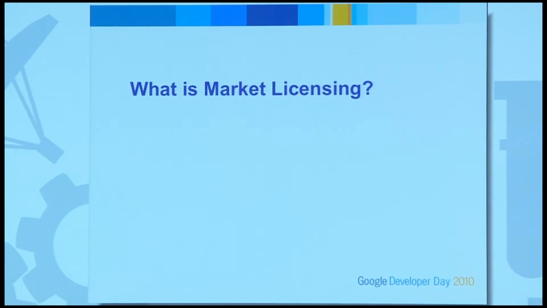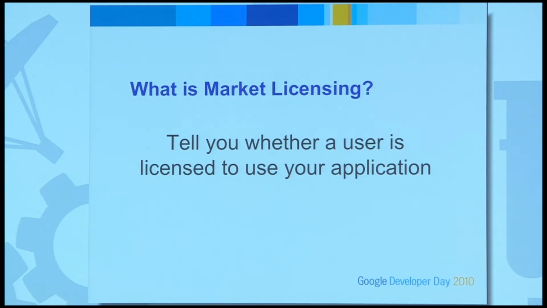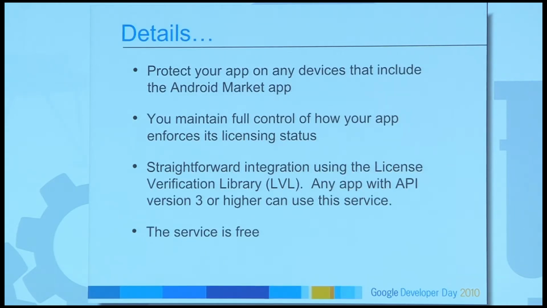So the first question is, what is market licensing? In one sentence, market licensing is a service offered by Google to tell you whether a user is licensed to use your application. Some more details. The service will help you protect your application on any device that includes the Android Market app.